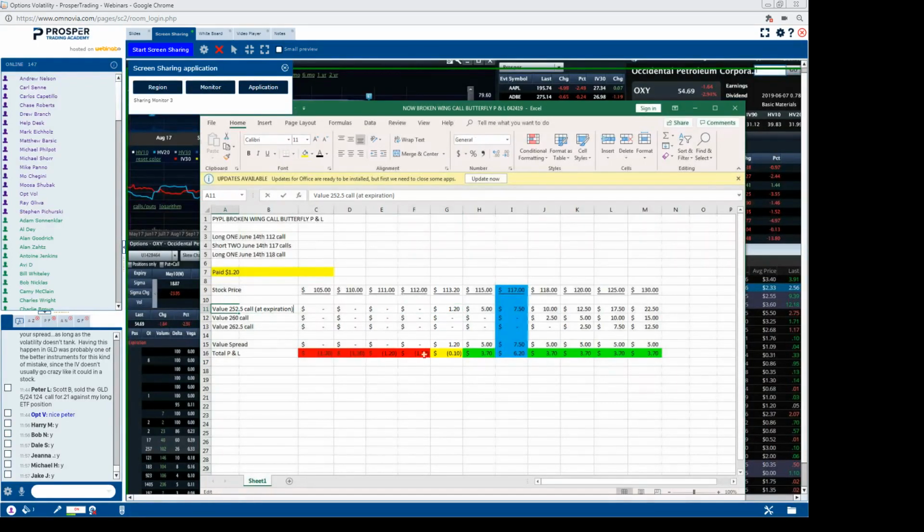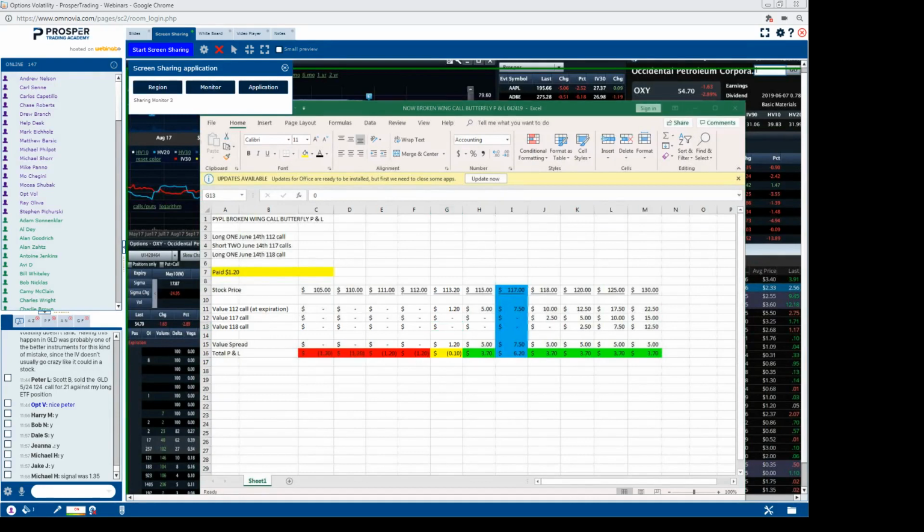And I just realized I need to change these strikes right here. So break even would be at 113.20. And you know what? Maybe I'm confusing the two because we had them out so quickly back to back here.